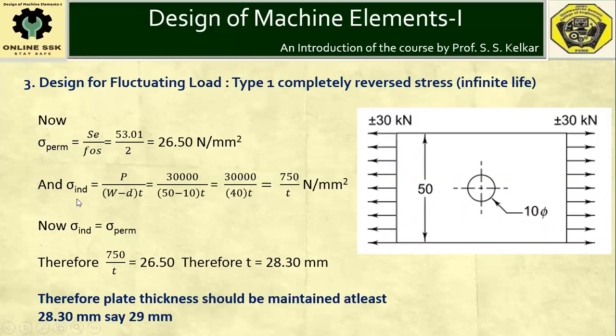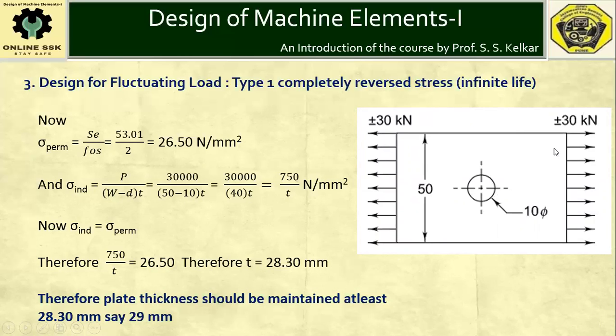Sigma induced is the induced stress inside the plate, which will be given by the force P divided by the cross section area. So the critical cross section area will be (50 minus 10), that is (W minus D), multiplied by the thickness.